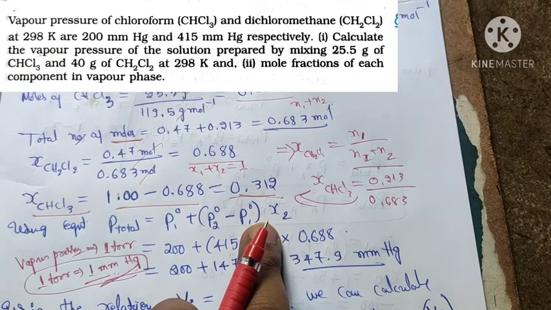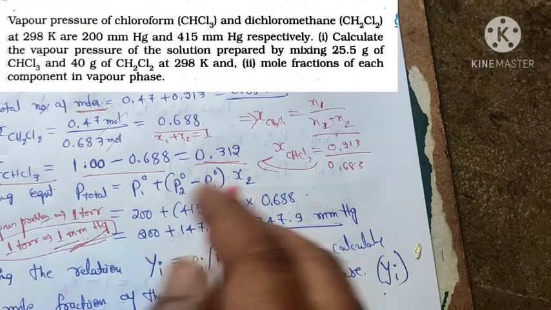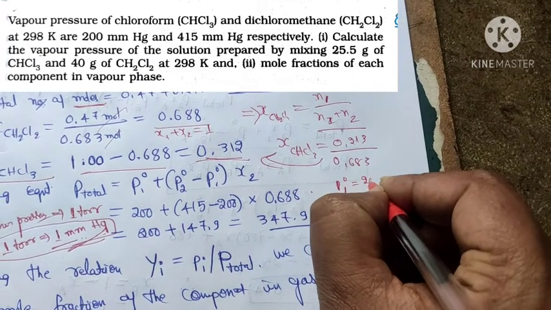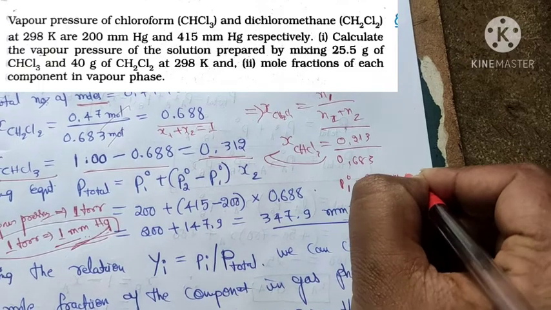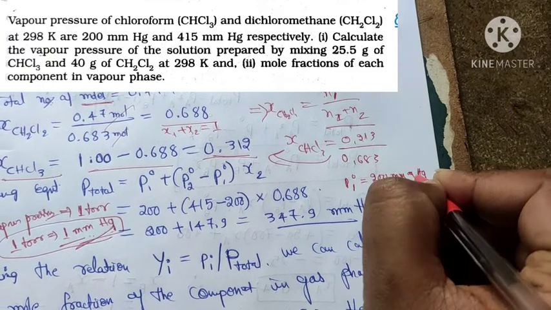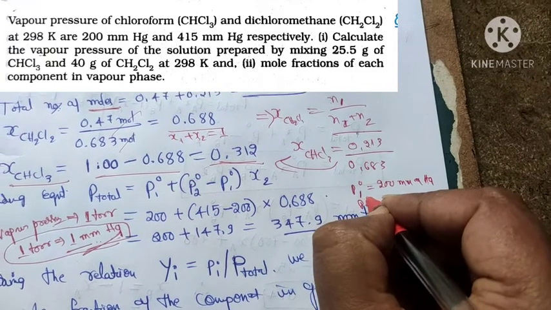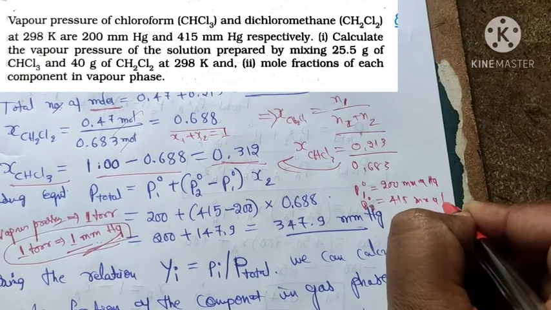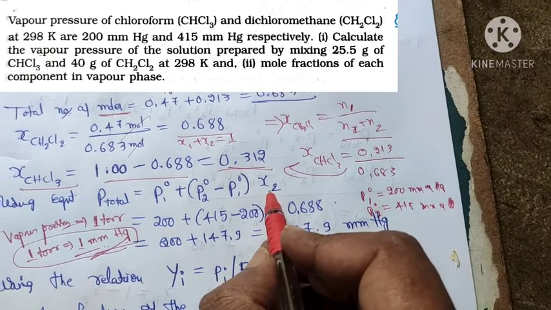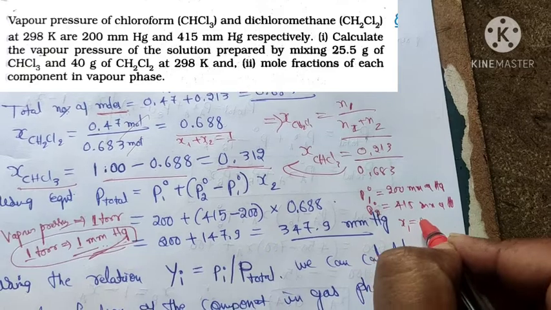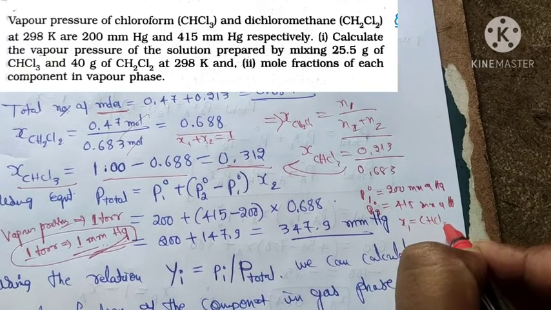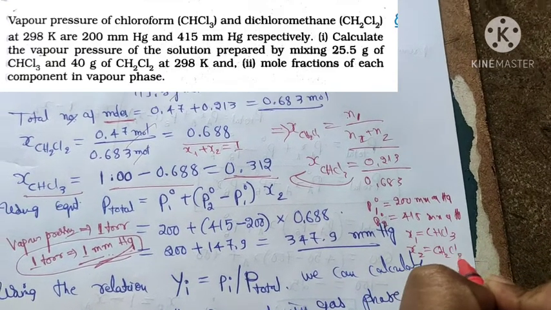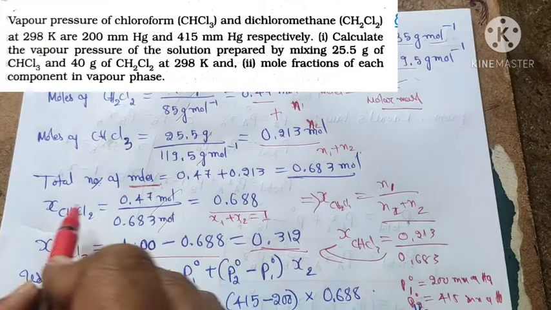Here P1 naught is 200 millimeter of Hg, P2 naught is 450 millimeter of Hg. X1 is CHCl3, and x2 is CH2Cl2, dichloromethane.